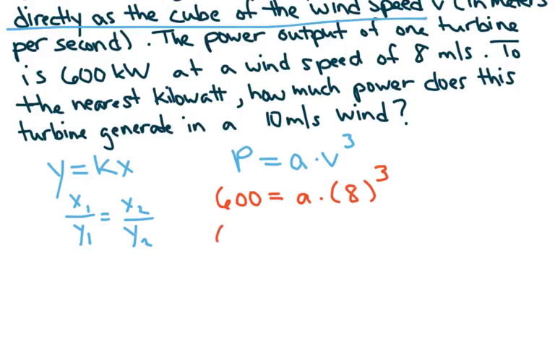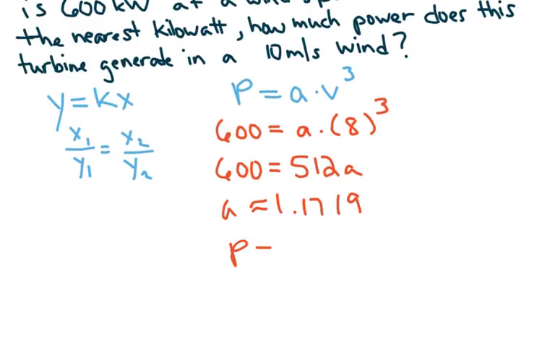So, I get 600 is equal to 8 cubed is 512 times A, and then I divide by 512, and I get approximately 1.1719. That means the equation that represents this situation is P equals 1.1719 V cubed.